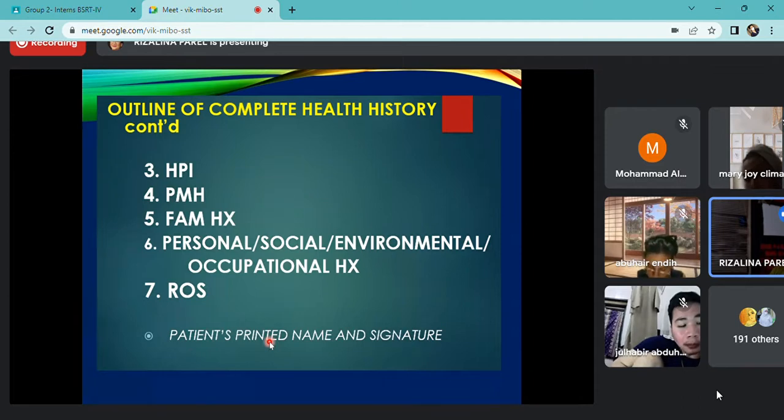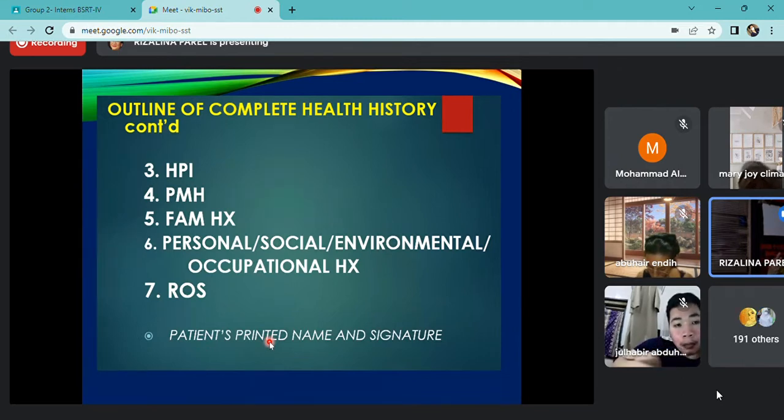And then, the frequency and duration of symptoms. So, gaano kadalas and gaano tumatagal yung sakit niya, if it is chest pain, or if it is cough, or productive cough, or kung dyspnea yon. Okay, under HPI, aside from onset, the frequency and duration of symptom, you will also write there the location and radiation of pain.